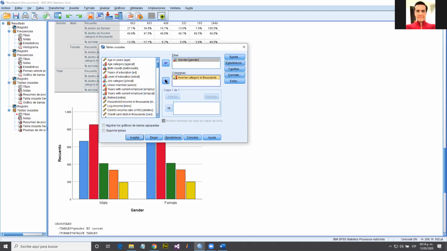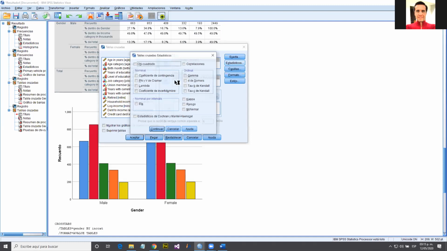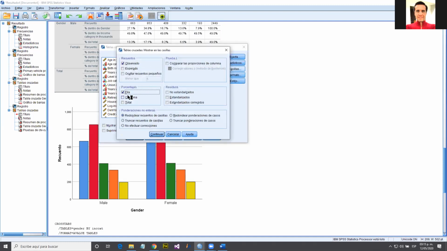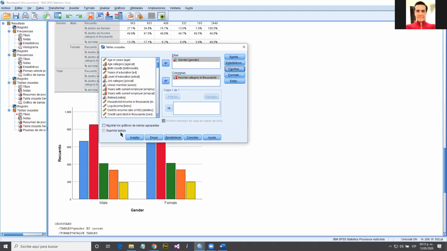Okay, so in the first question, I am going to be using statistics, cells, all of the percentages. In cells, observed, and that one, and I'm going to put the chart.